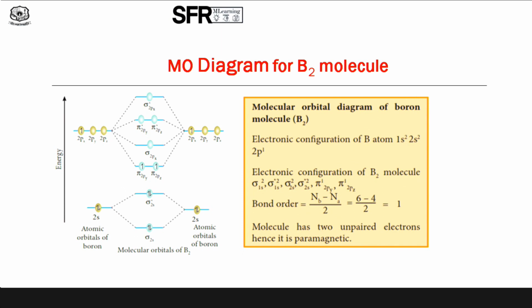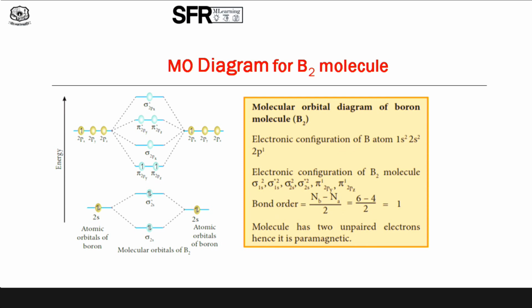First we show the 2s atomic orbital, which is represented at the lower energy level, whereas the 2p orbital is presented above the 2s atomic orbital, on the left side as well as the right side, for the 2 boron atoms.